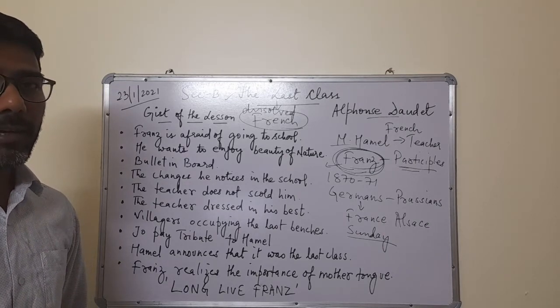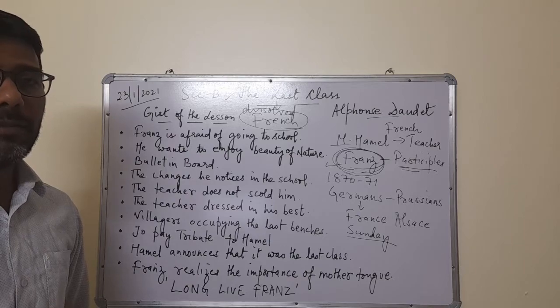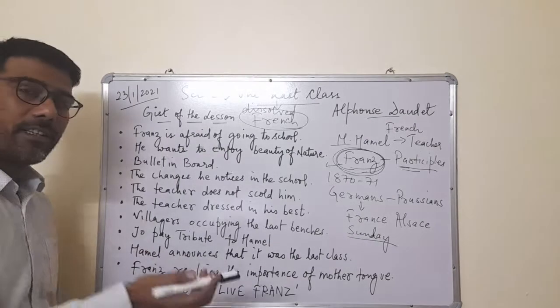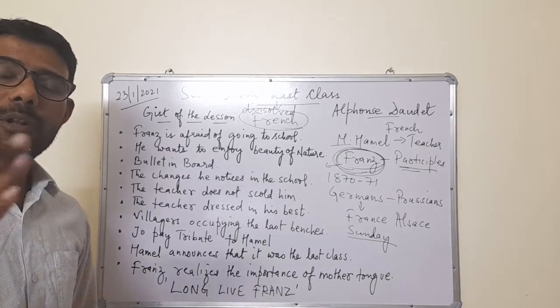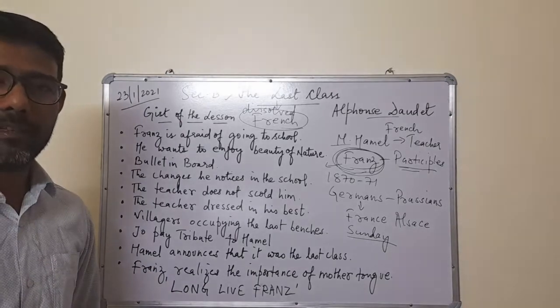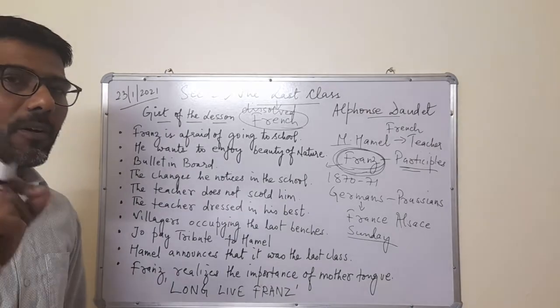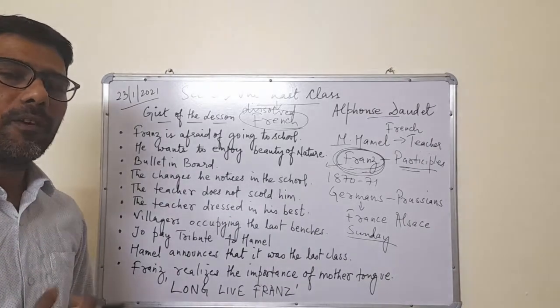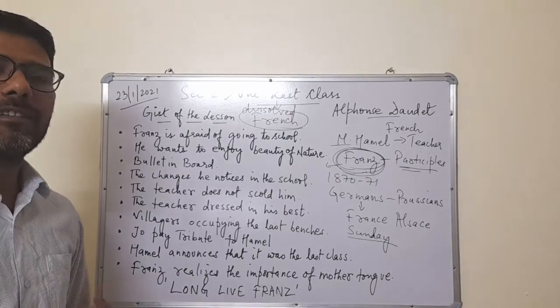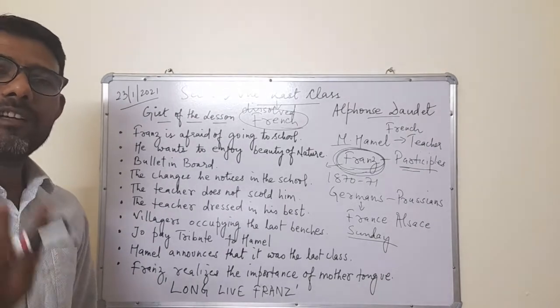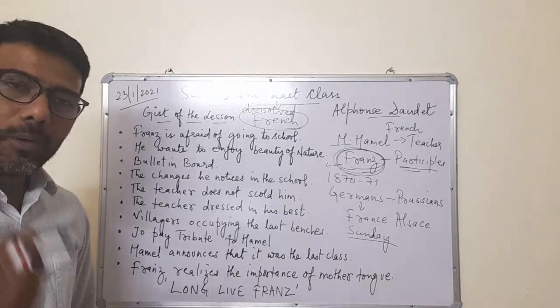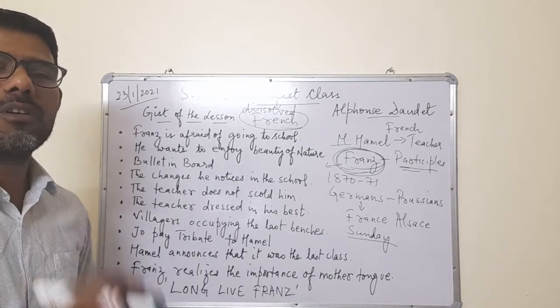Now Franz was quietly sitting, right? Franz was quietly sitting when the teacher took the class. And then the teacher addressed all the villagers who were sitting at the back bench, that they were also somewhere responsible for sometimes not sending their children to school, for not instigating their children to know the significance and importance of mother tongue.